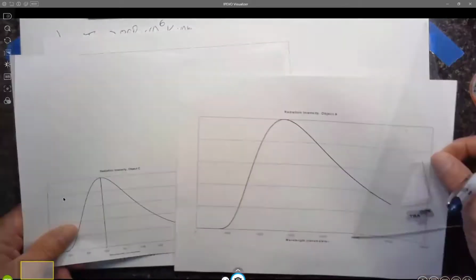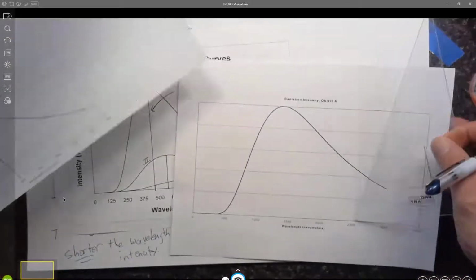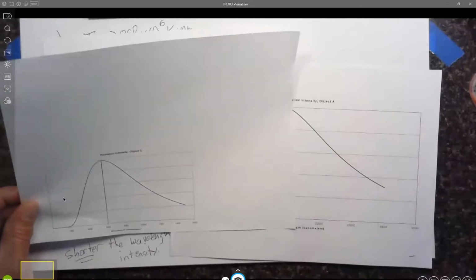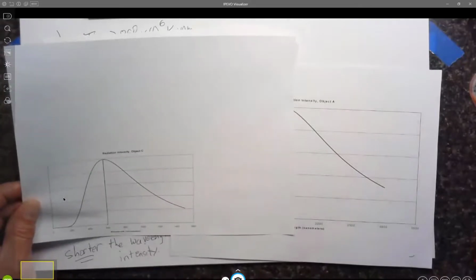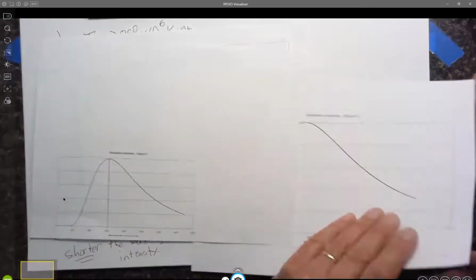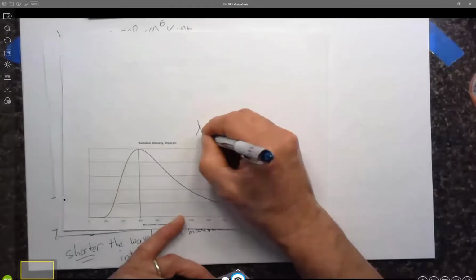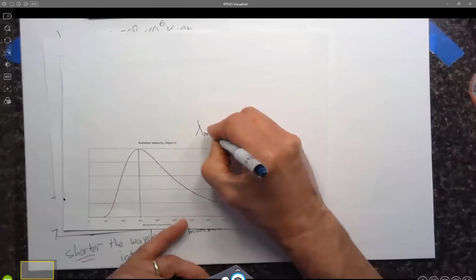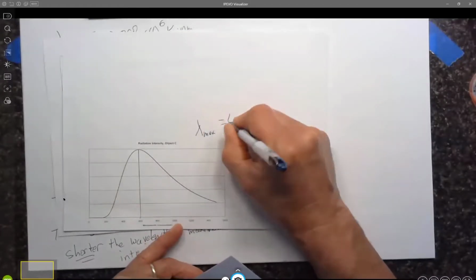But these ones, actually, this graph is shrunk compared to the other two, and so I just can't tell anything. But I can still figure out the wavelengths of maximum intensity on these, and from that, I can figure out their temperatures. So there you see, it's at about, I'll call it lambda max, for this one just about 600 nanometers.